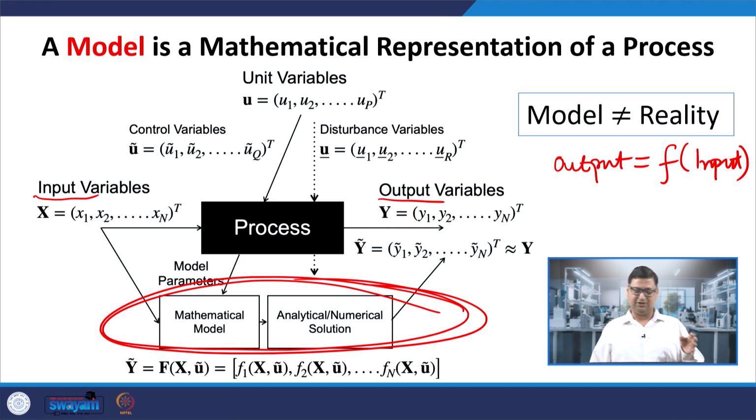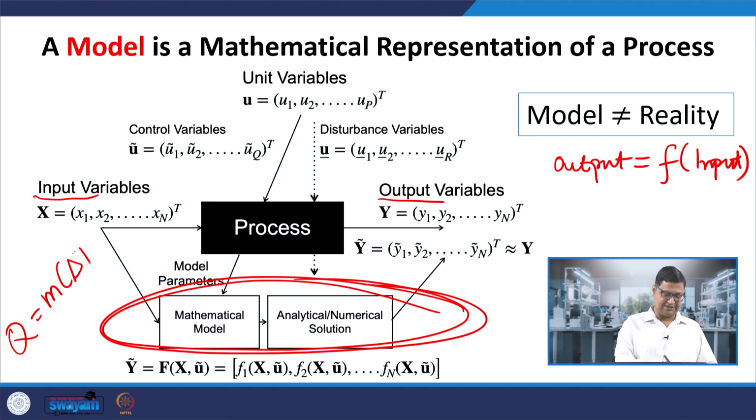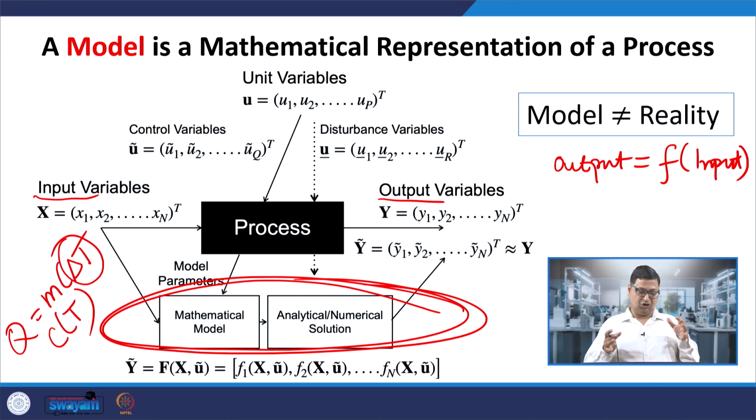Let us go back to the example of Q is equal to mc delta T. Let us say I assume that the heat capacity is constant in the model, but in reality heat capacity is not constant. Heat capacity depends on temperature, right? So whatever temperature change we get from the model, assuming a constant heat capacity, is not going to match the temperature change coming from the experiment. Why?